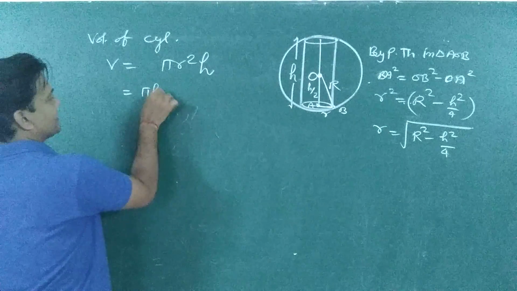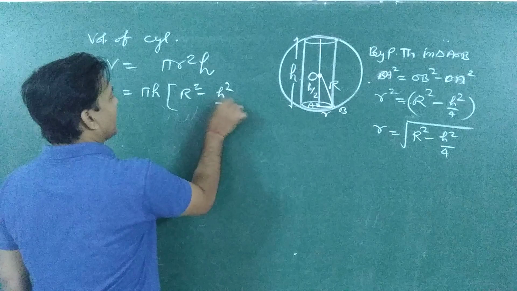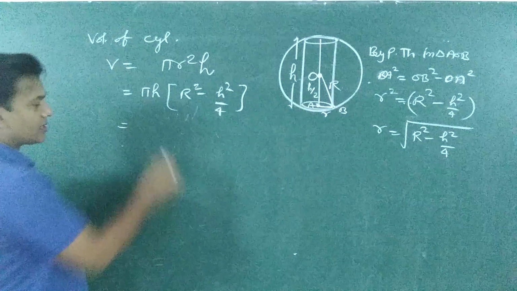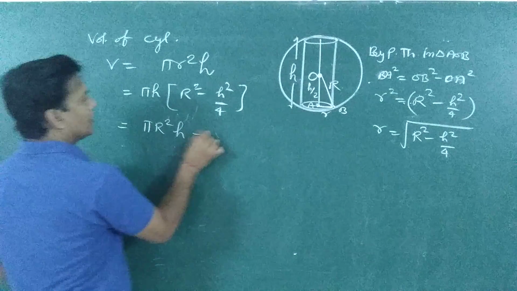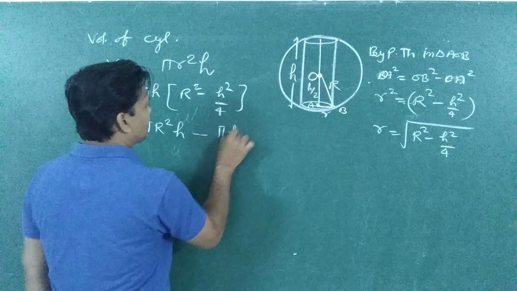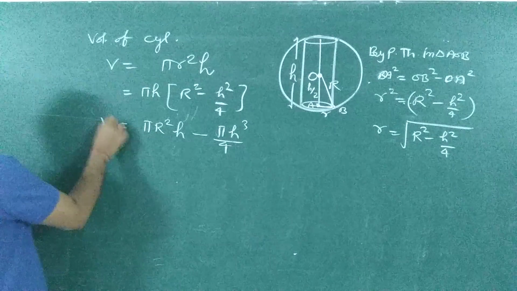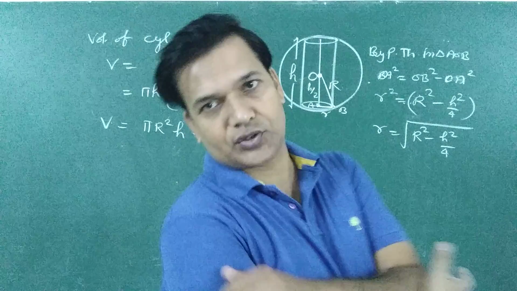So pi h as it is, and the value of r square is r square minus h square by 4. Opening this bracket, we have pi r square h minus pi h cube upon 4. This is our volume.